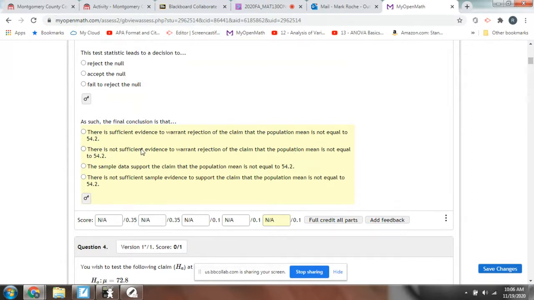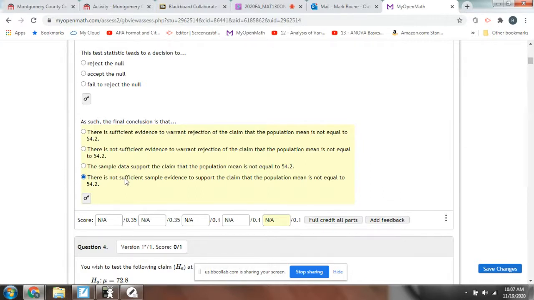Or, there's not sufficient evidence to warrant the rejection of the claim. Or, there's not sufficient sample evidence to support the claim that the population mean is not equal to 54.2. I don't think it's ever going to be these top two. These are just double negatives and a whole bunch of confusion. So the answer is there's not sufficient evidence to show the alternative.